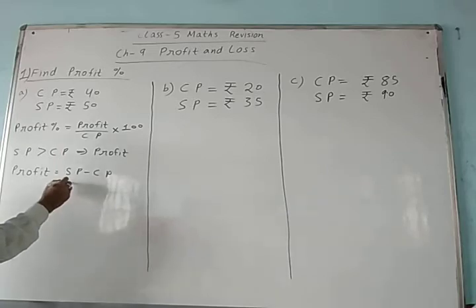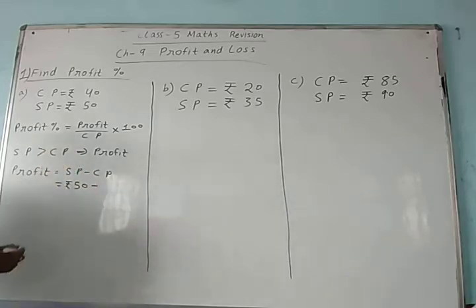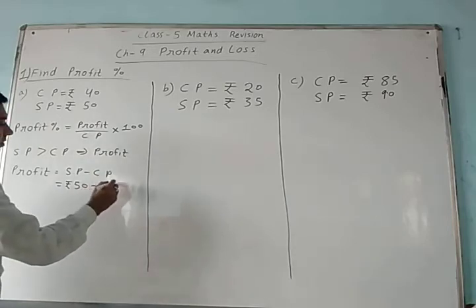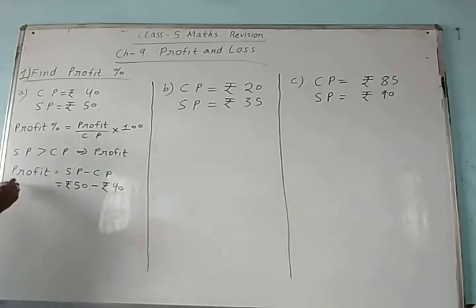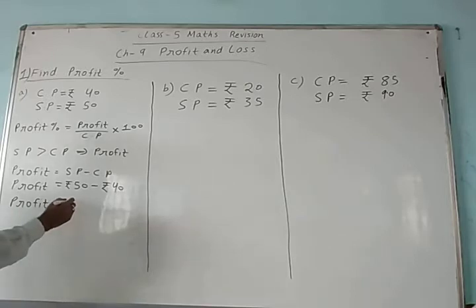Selling price how much? Rupees 50. Cost price how much? Rupees 40. Now profit, 50 minus 40, student, rupees 10.